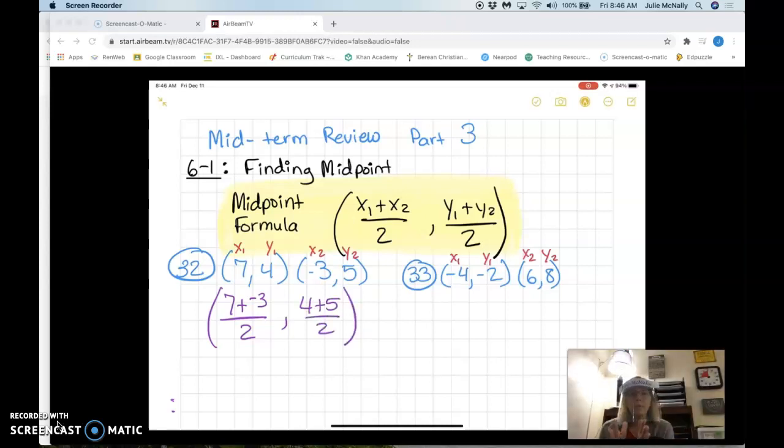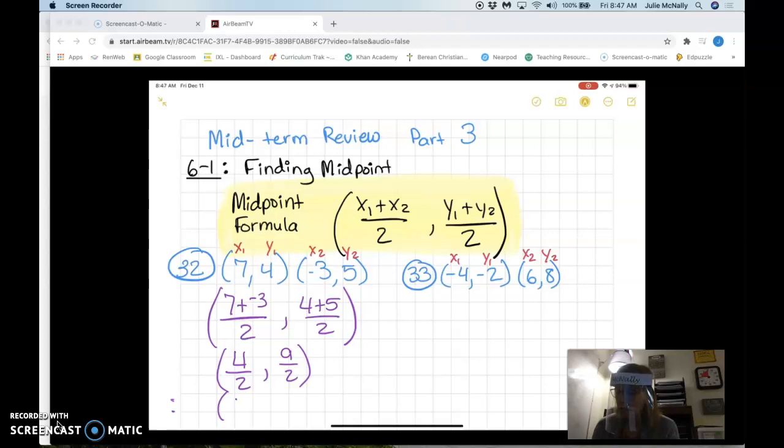And then I'm just going to combine. So 7 plus a negative 3, what does that equal? 4, right? Yep, 4 over 2. And then 4 plus 5? 9 over 2. And then I'm going to divide that out and get down to a better number. So 4 divided by 2?